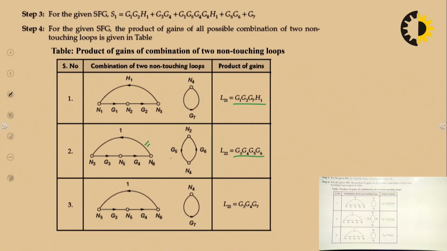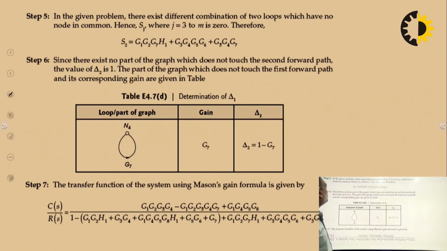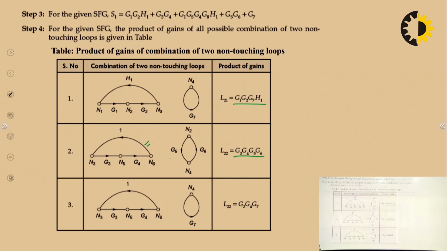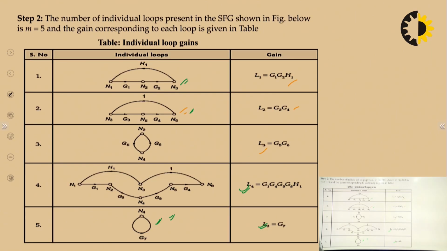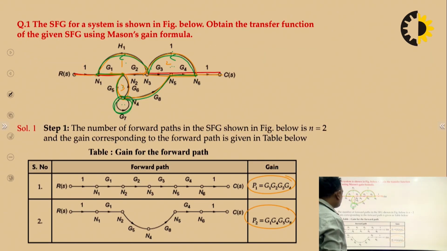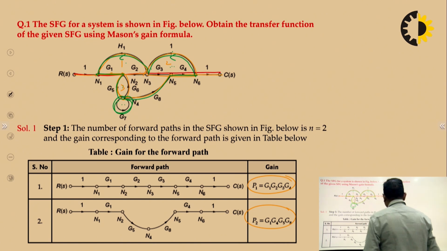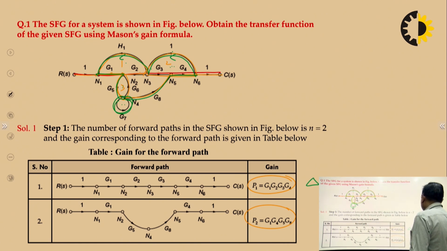So this is how we have obtained the path gains of all the single loops and the combinations of two non-touching loops, and there is no pair of three non-touching loops. Now we have two forward paths only. So delta 1 is 1 minus, and delta 2 is 1 minus.